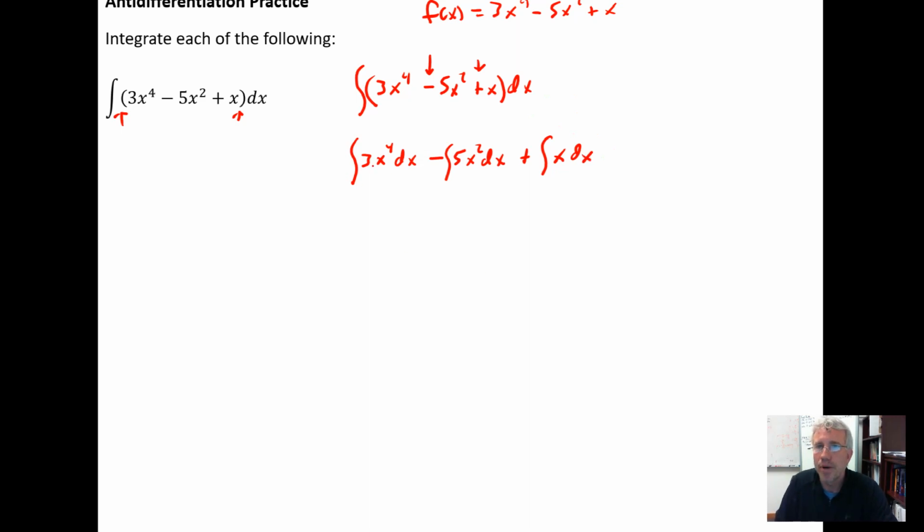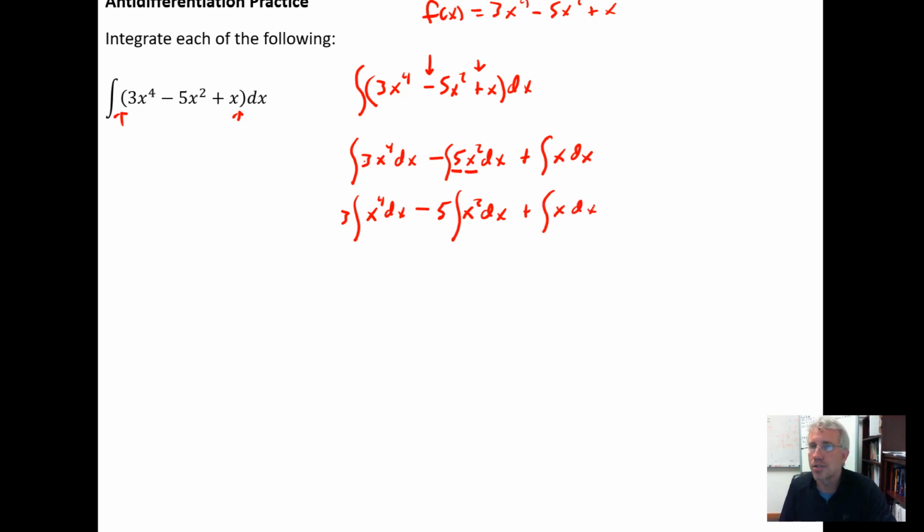And then we could even rewrite this again, because I have a constant times a function. I have a constant multiple of x to the 4th, so the constant can be factored out. 3 times x to the 4th dx minus a constant multiple times x squared, so the constant multiple can be factored out. So x squared dx left inside plus the antiderivative of x dx.